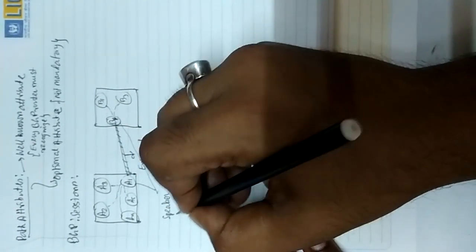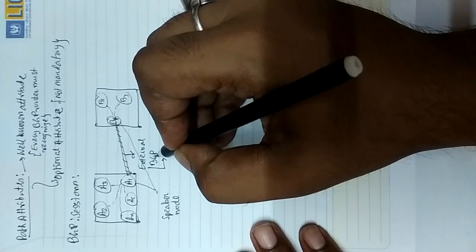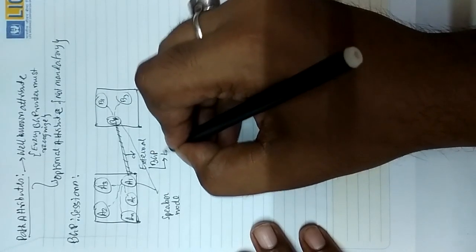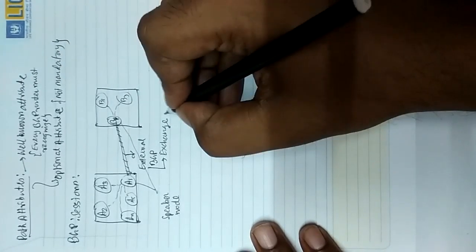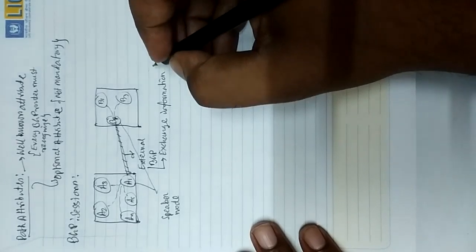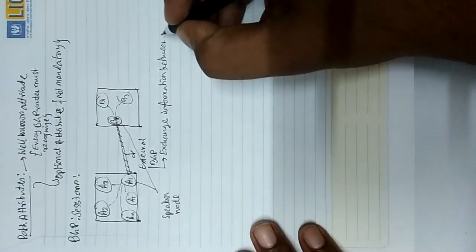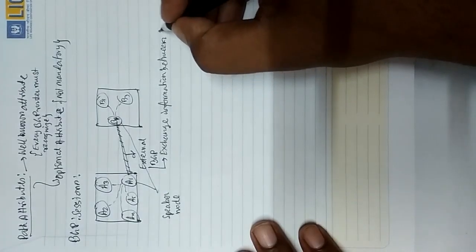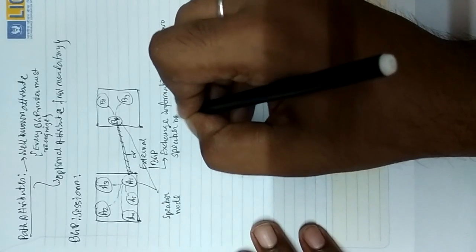So external BGP exchanges information between these two speaker nodes. Hope you understand.